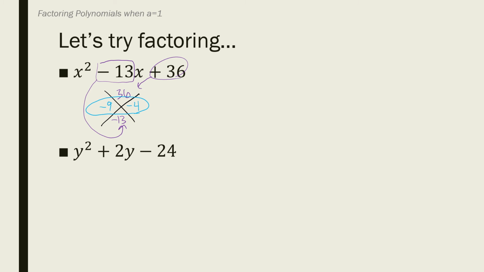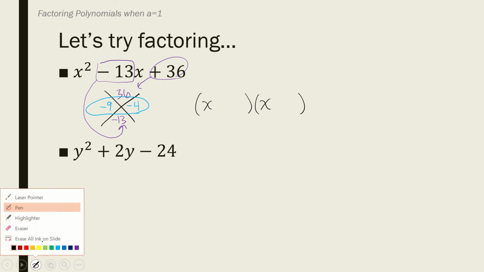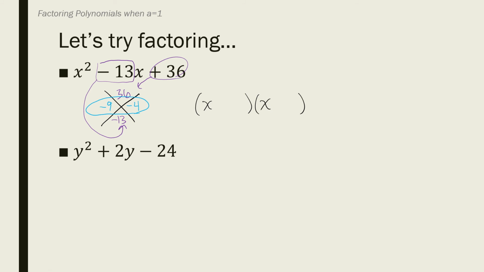And then I will use that to write my factored answer. The only way x squared can be split is into an x and an x. And then in one set of parentheses, I'm putting negative 9, and in the other, negative 4.